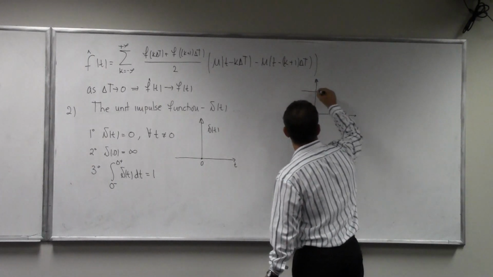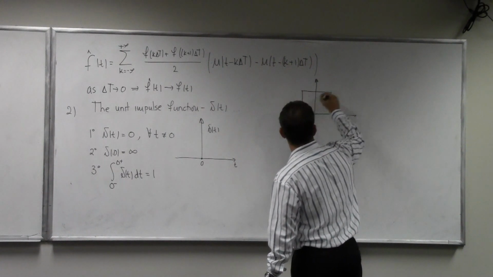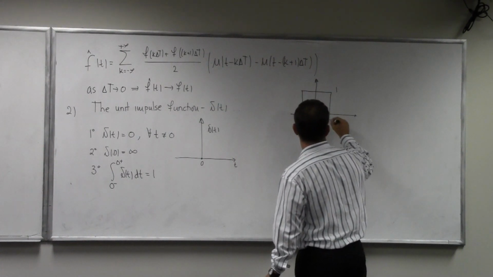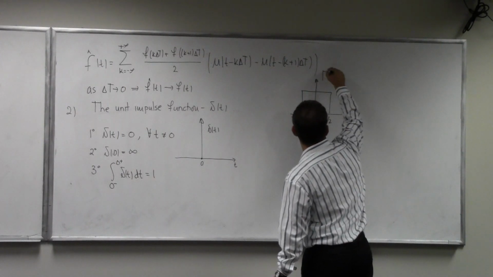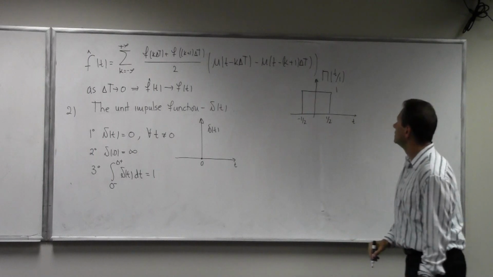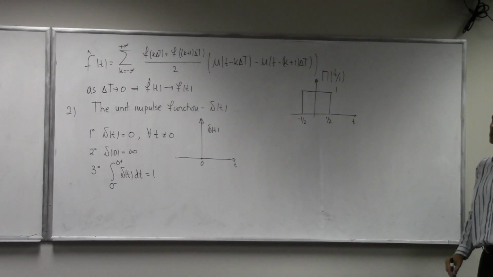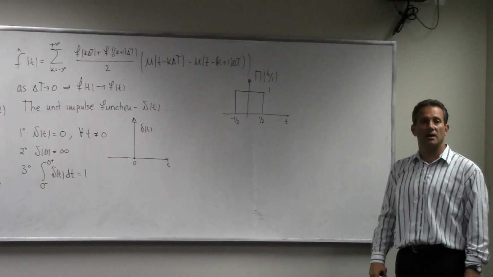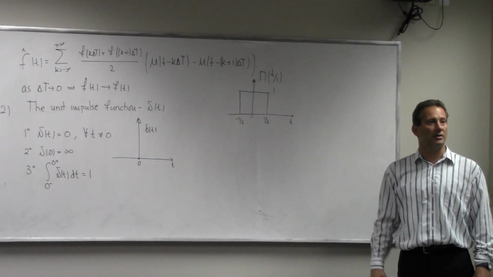Let's start with a square pulse that has a height of 1 and width of 1. So this is pi of t over 1. That's a function that we easily envision. That's a pulse that starts at -1/2, ends at 1/2, and has a height of 1.